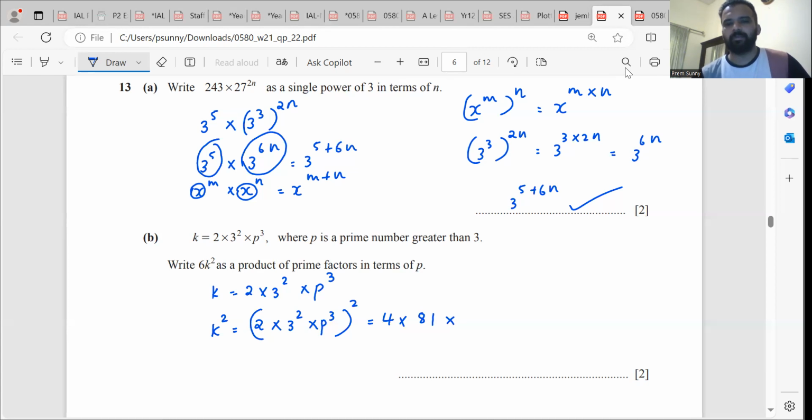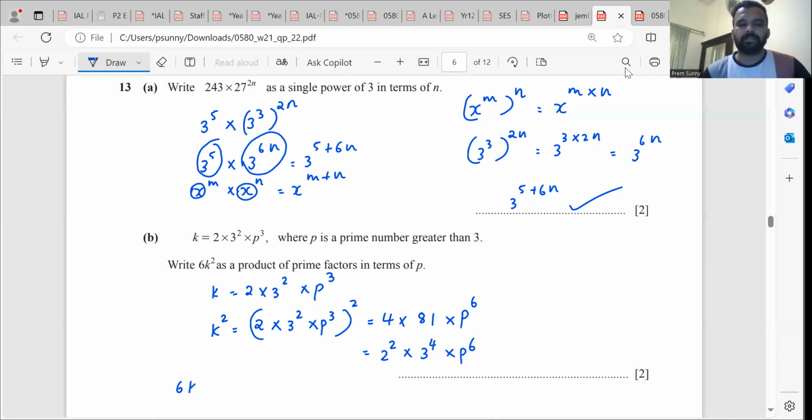We have to use the same rule: x to the power of m to the power of n is x to the power of m into n. So p to the power of 3 to the power of 2 will be p to the power of 6. We know that 4 can be written as 2 square because it's clearly mentioned in the question as a product of prime numbers, so everything should be prime here. 81 is 3 to the power of 4 into p to the power of 6. This is what we got for k square.